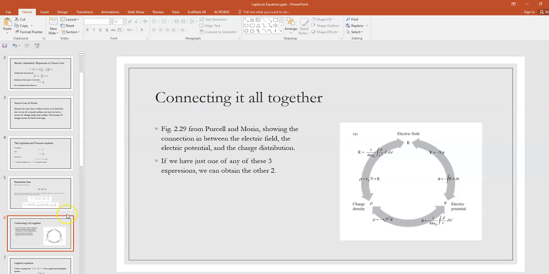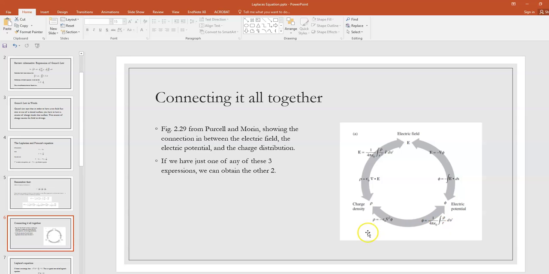In other words, if you have the charge density rho here, then you can get the electric field from that by integrating directly over that charge distribution to find the electric field at a point, as is shown here. And if you have the charge density, then you can obtain the potential by integrating directly over a point.